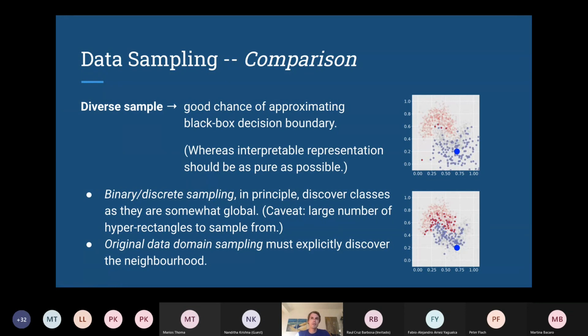You want to collect many different points from different classes, so assign different classes by the black box, because you want to discover the decision boundary of the black box, because ideally this is what you want to mimic with your surrogate. And again, you could use the same two metrics, but you would try to optimize them on the other end of the spectrum. So you want to have as diverse a sample as possible.